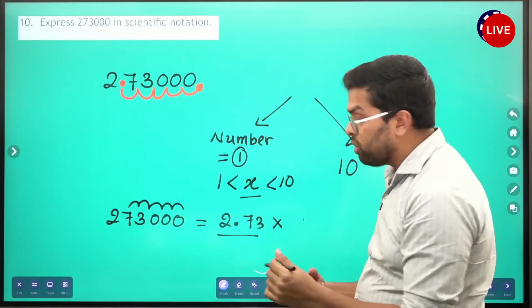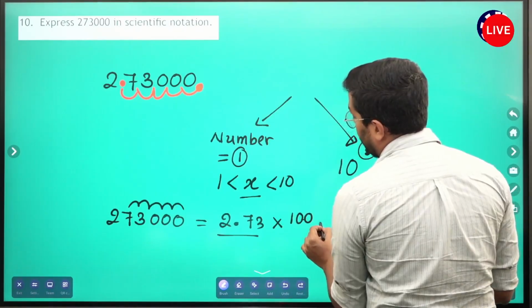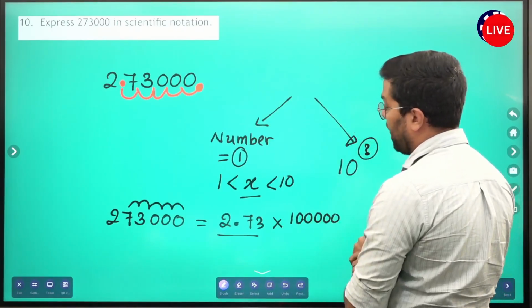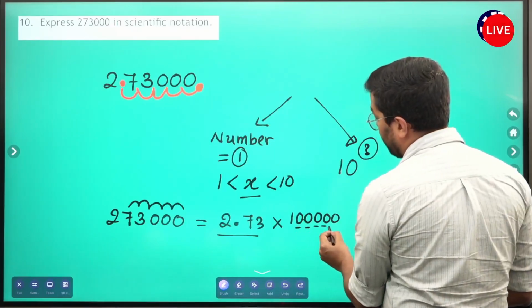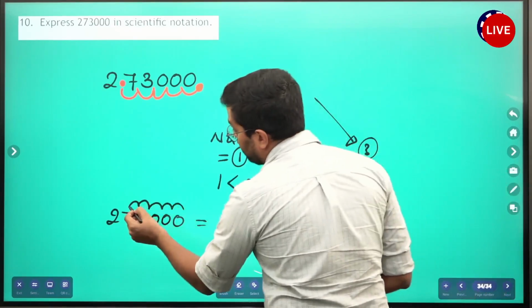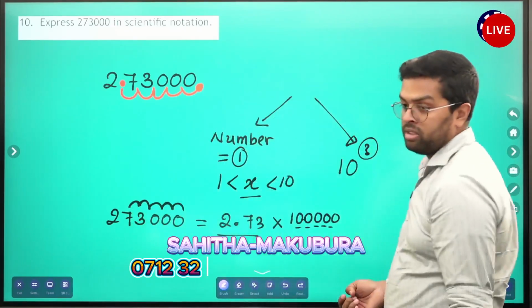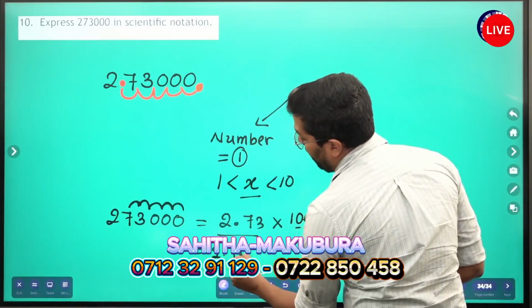So in order to do that, you have to multiply this number by 1 and another 5 zeros. Here 1, 2, 3, 4, 5 zeros will bring the decimal point towards the right hand side for 5 units. So 2.73 is already there.